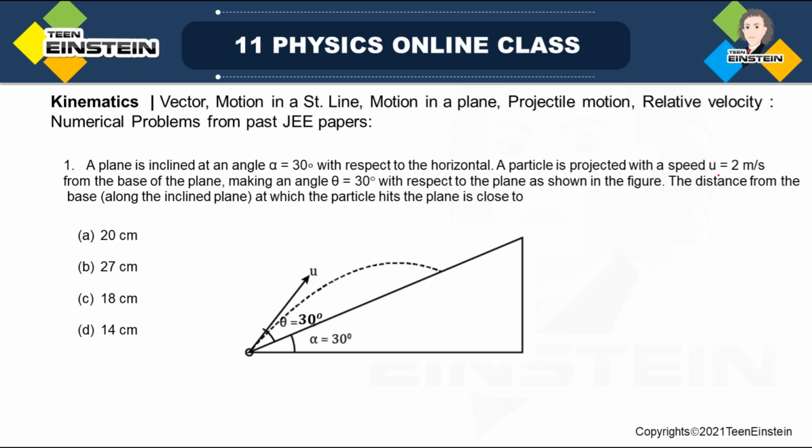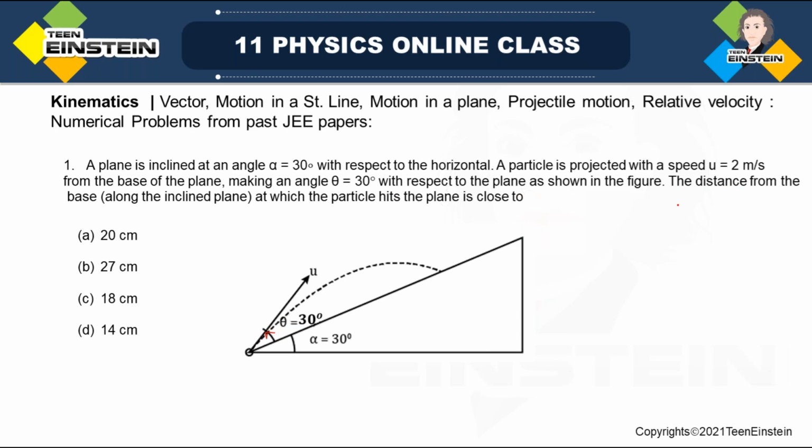A particle is projected with a speed of 2 meters per second from the base of the plane, making an angle theta with respect to the plane as shown in the figure. This angle is with respect to the plane. This angle is called theta, but it is measured with respect to the inclined plane.